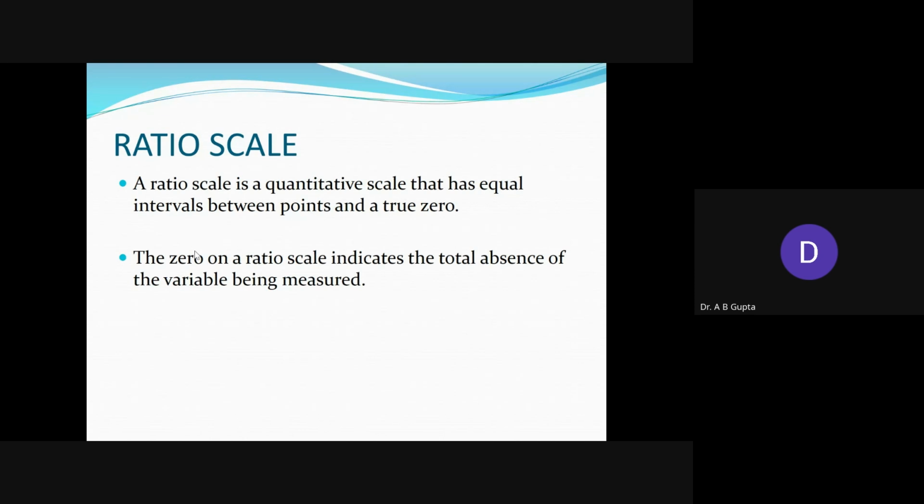So this is called ratio scale. It has got a true zero. So weight and even length also. When there is no length, zero value of length. So weight, length, salary, area, volume, all these things come under ratio scale.